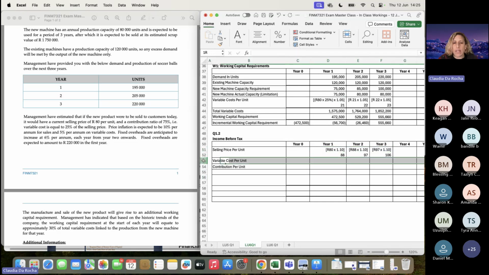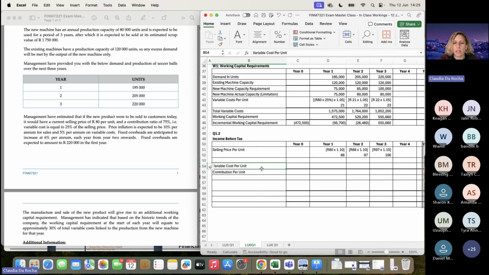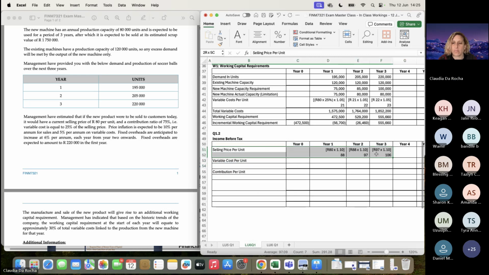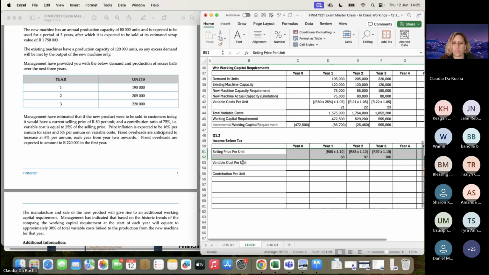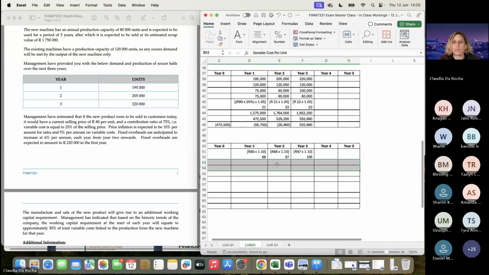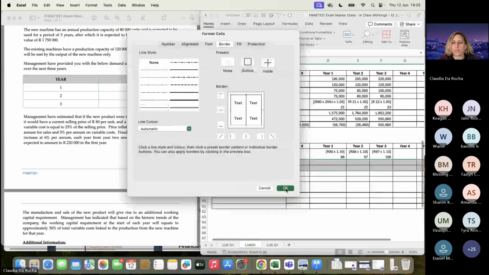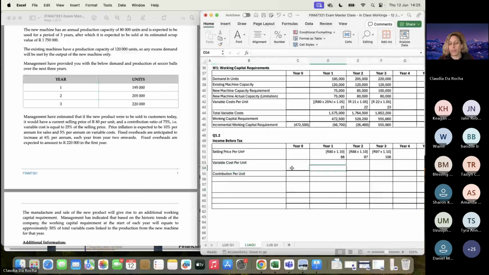Right, then our variable cost per unit. Okay, so we know that our variable cost per unit is basically what we had calculated before.